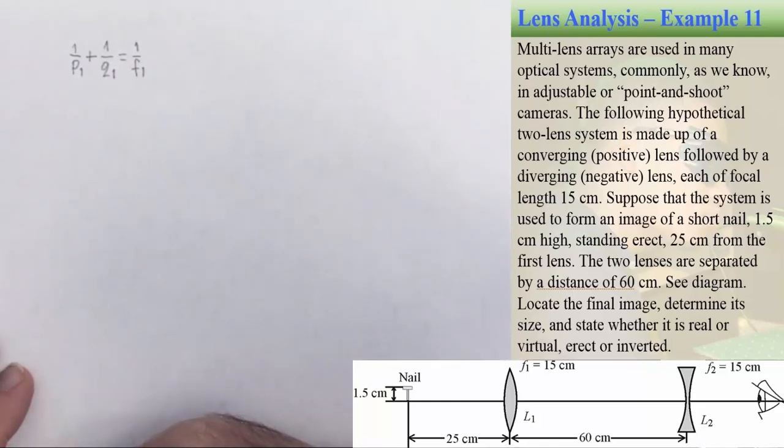So as it can be seen for the lens L1, the object is positioned on the left relative to the lens. So we are going to take the distance of the original with the positive sign.